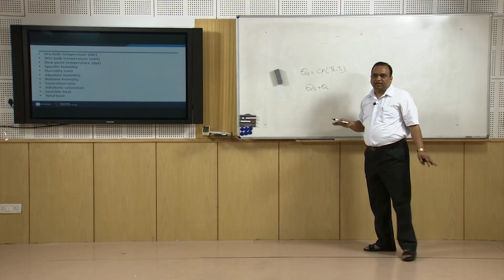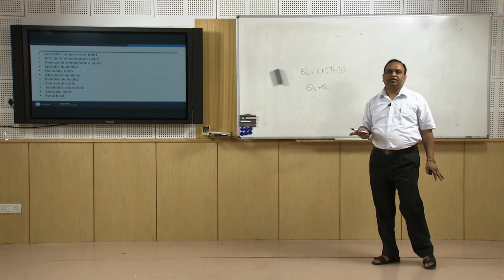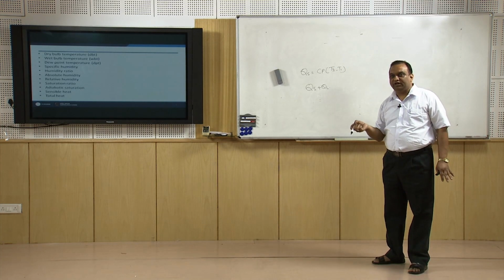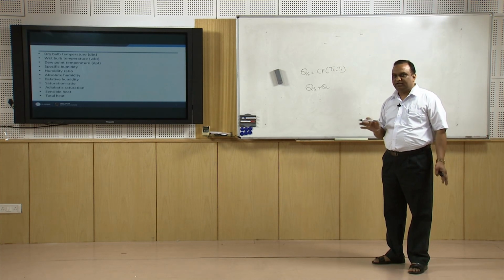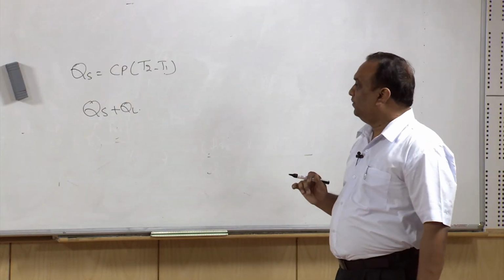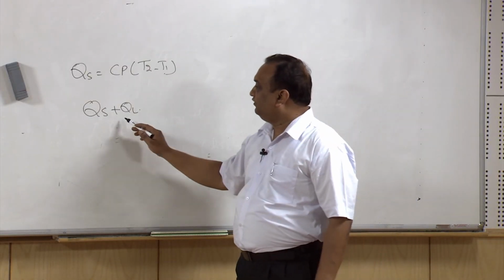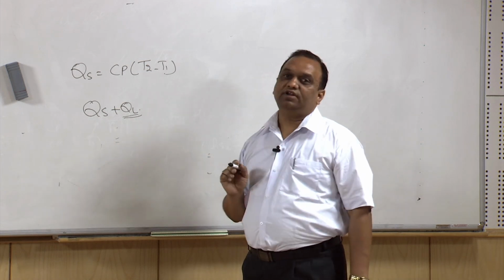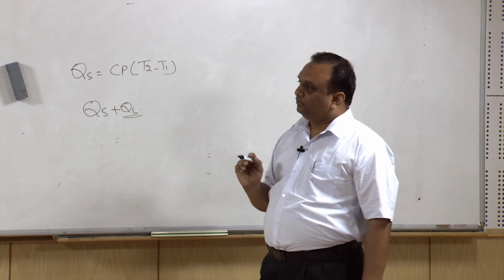Suppose the room temperature is 27 degrees centigrade, and if I inject steam at 27 degrees centigrade, the room temperature will not change, but the total heat of the room will change because there is a latent heat addition in the room.